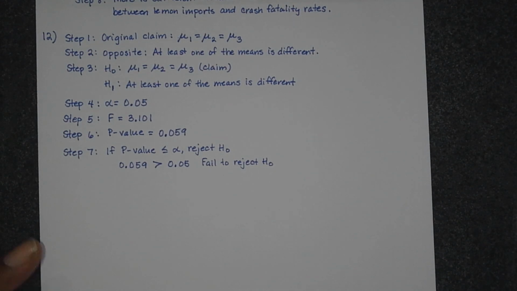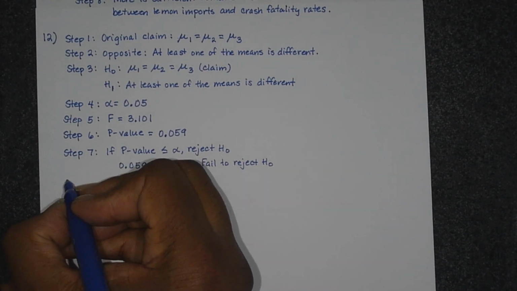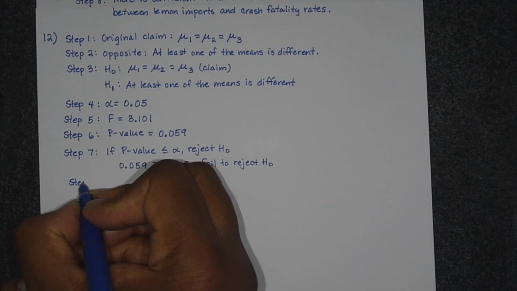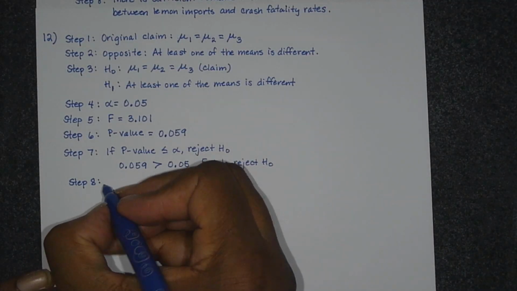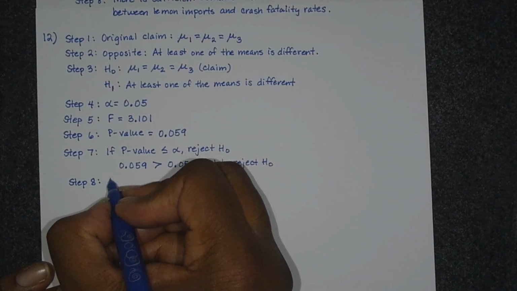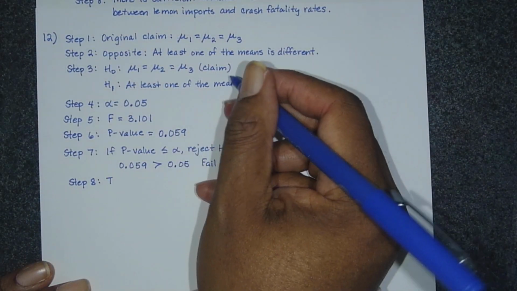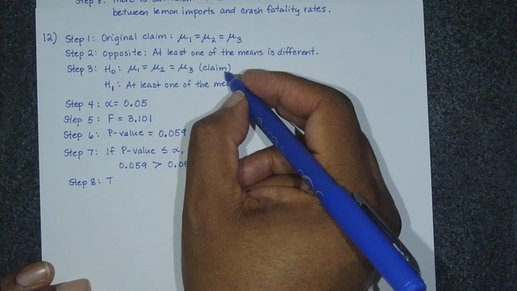And then step number 8 is our conclusion. Well, the claim was the null hypothesis, but we failed to reject it.